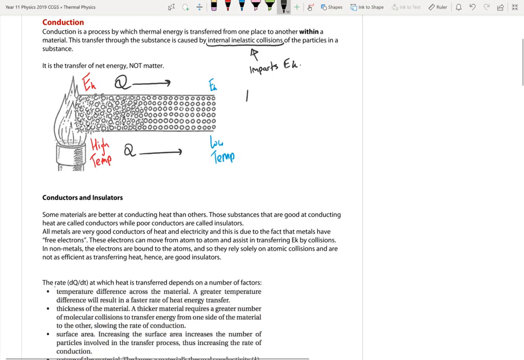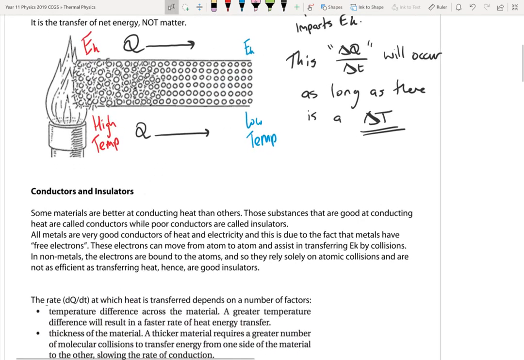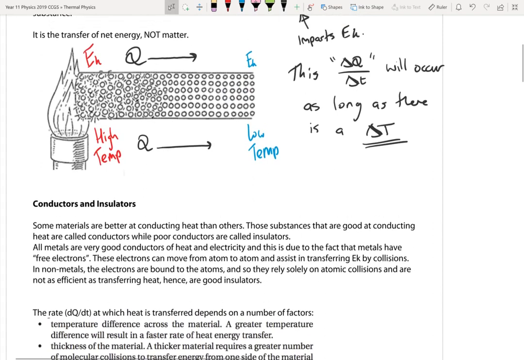Okay? I just want to write here, this transfer of heat over time will occur as long as there is a difference in temperature. Okay?